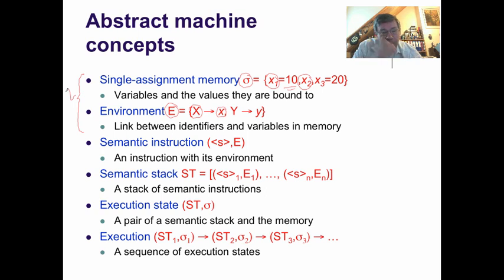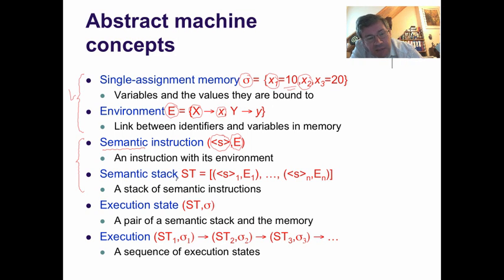But in fact, there's more. There are the instructions. Remember, S here is an instruction in the kernel language. But this instruction by itself is not enough to execute. We have to make a link between the instruction and the memory, and this link is given by the environment. That's what we call a semantic instruction: an instruction together with its environment, so that it actually knows what variables it's working on.